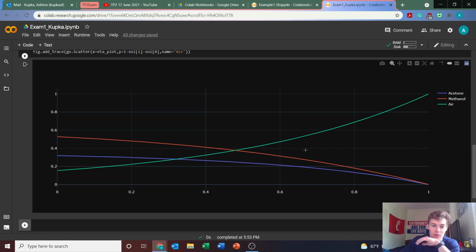Never mind, I'm just confusing myself. But yeah, that makes sense, because as we travel down toward the base of our container we see a decrease in the amount of air, but more at the top, we're going to see more of the air.